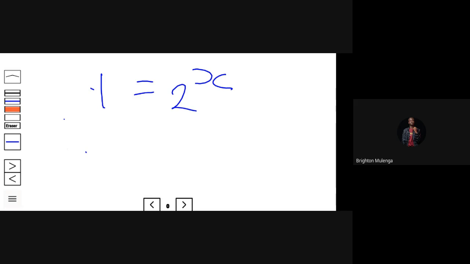So you express 1 as 2 to the power 0. The bases are supposed to be the same.